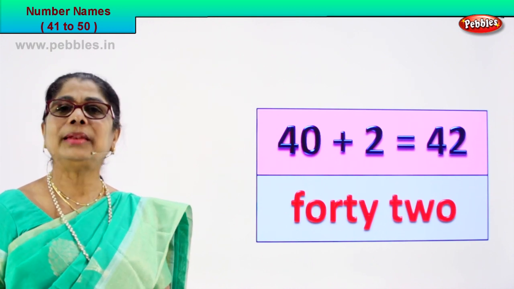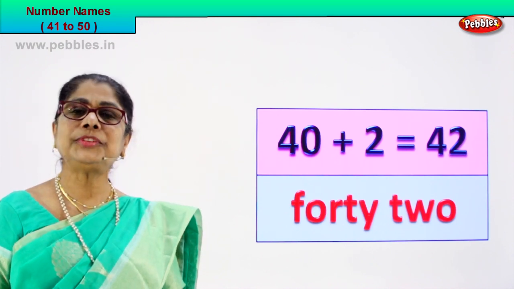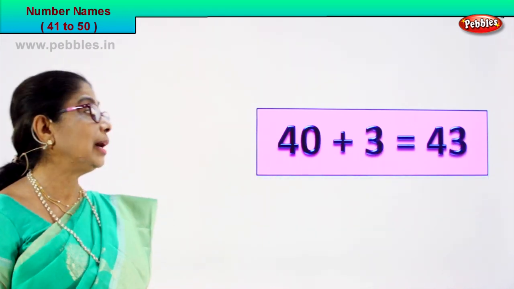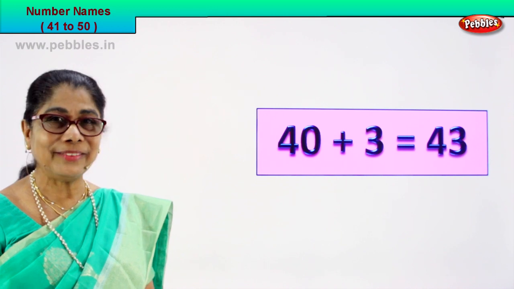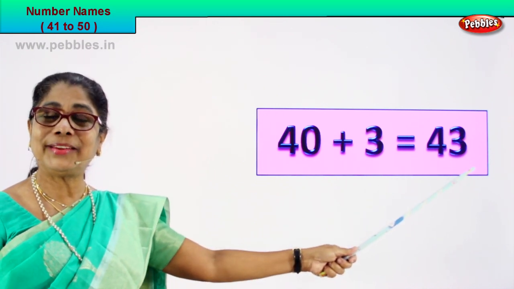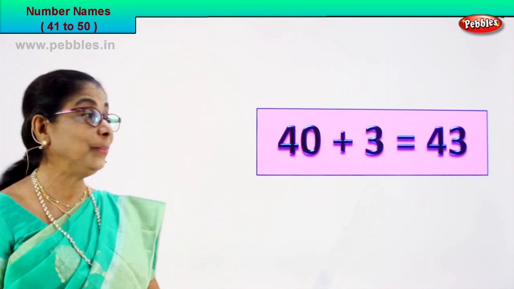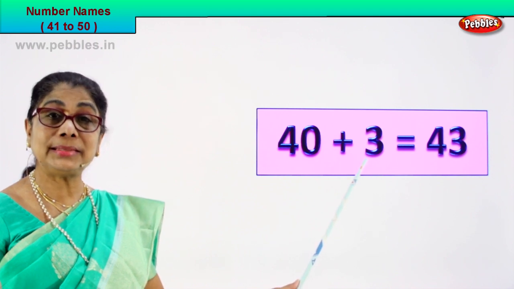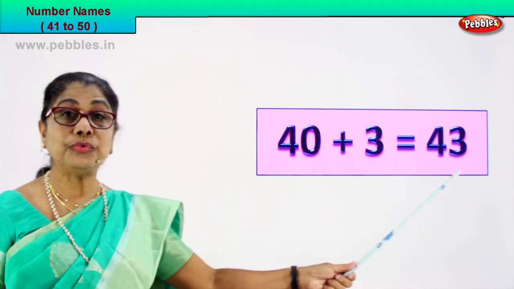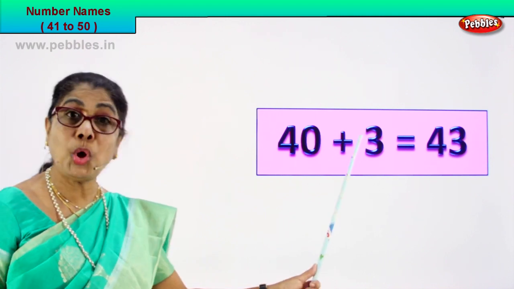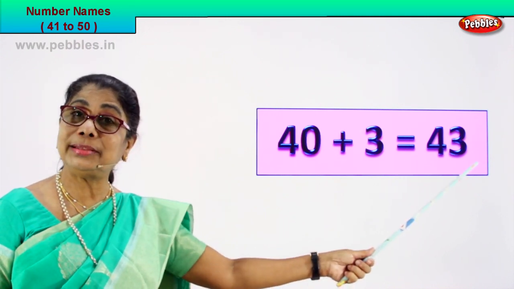Good. Now, tell me, after 42, what number follows? What number comes after 42? Very good. 43. 4 and 3, 43. 4 and 0, 40 plus 3 is equal to 43. 40 and 3 more is equal to 43.